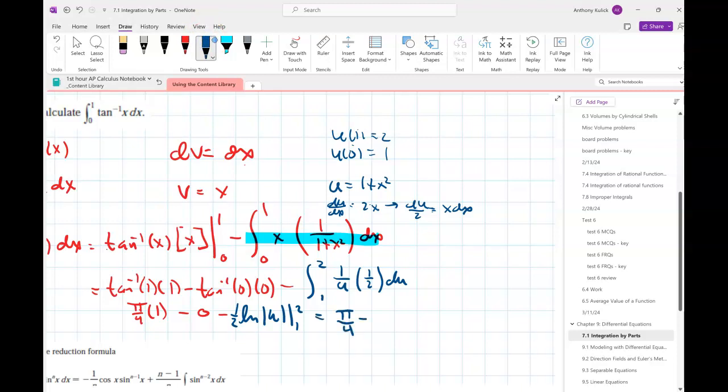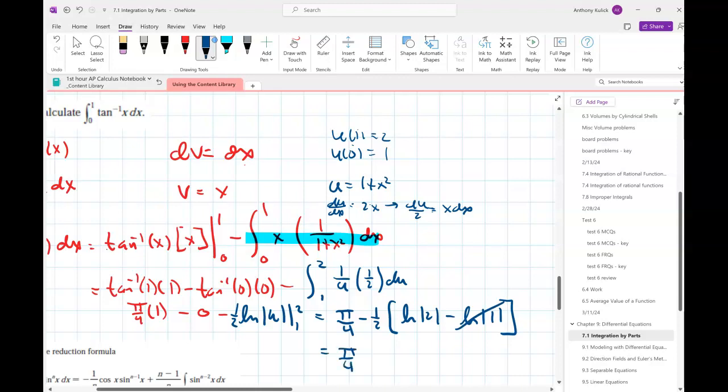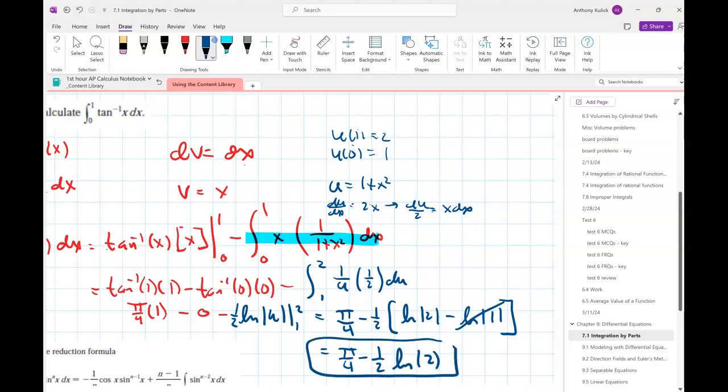So pi over 4 minus 1/2 times natural log of 2 minus natural log of 1. And what's the natural log of 1? 0. So I'm left with pi over 4 minus 1/2 natural log of 2. Is that okay?